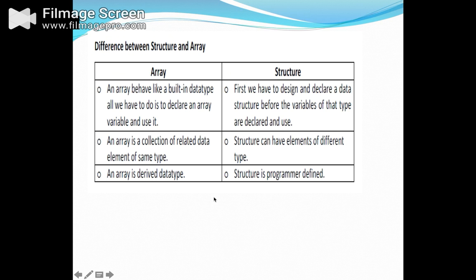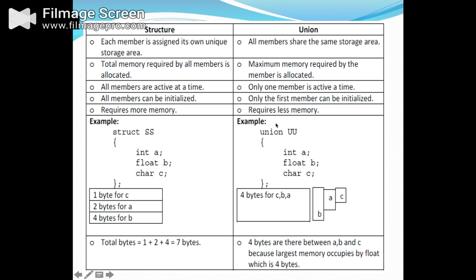Here, this is the union. See, the union has A, B and C, three different variables. The largest variable, the float, takes 4 bytes, so 4 bytes are given to the union.